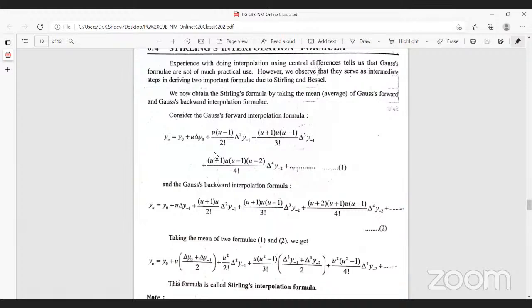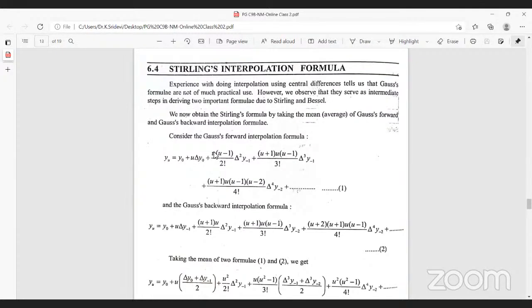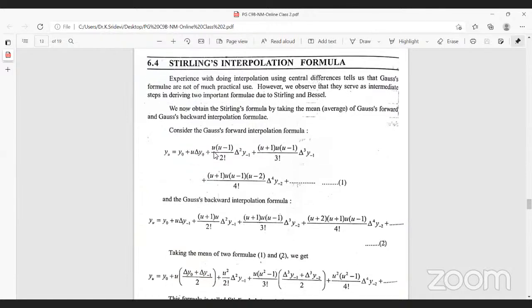The above two formulas are needed to find the middle value, for interpolating near the middle values. But why are we using this formula? Let me discuss why we are using this one for getting interpolation near the middle values.